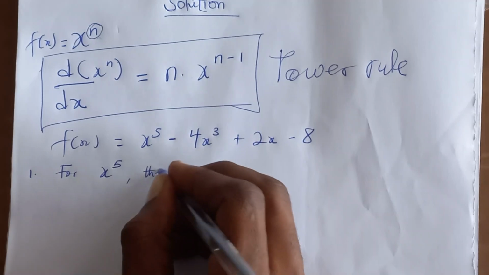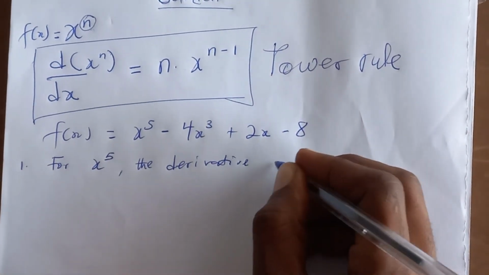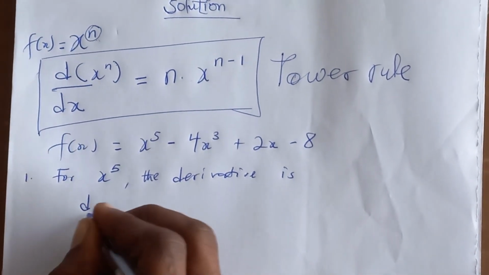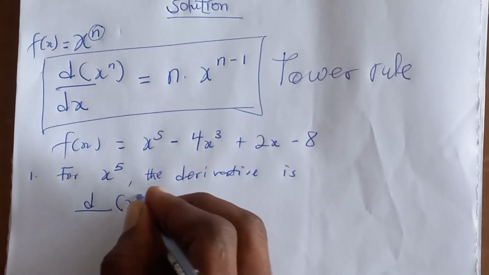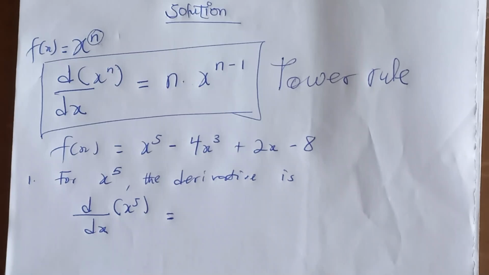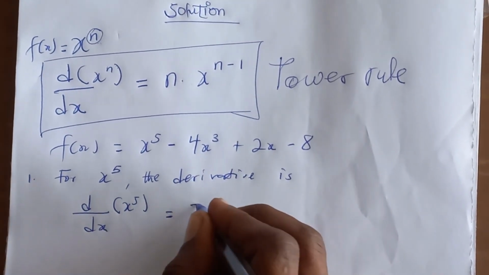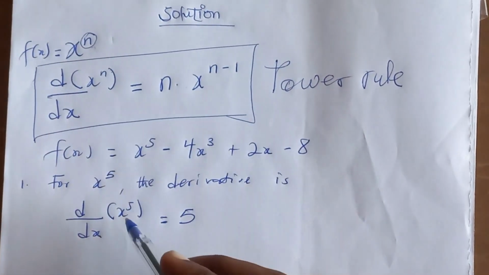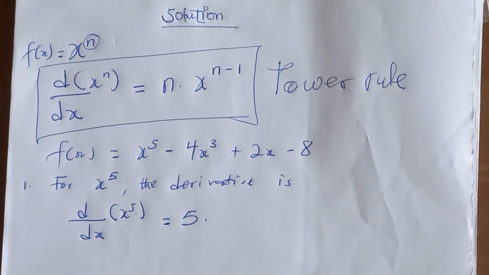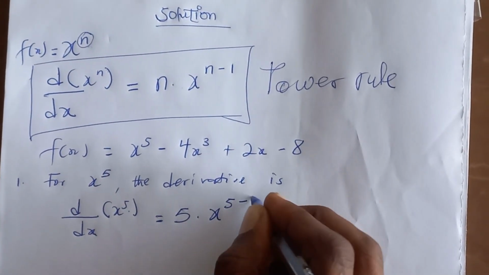The derivative of x power 5 with respect to x is equal to, now this 5 will come and multiply the whole thing. Looking at this, our 5 is the n, so it's going to be 5 multiplied by x power 5 minus 1.